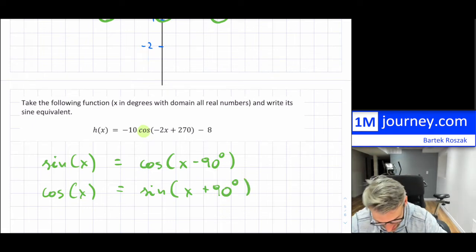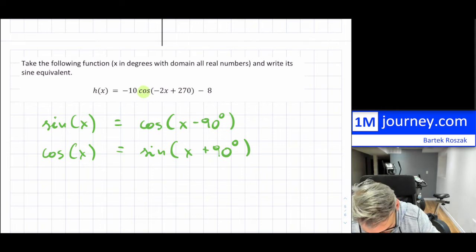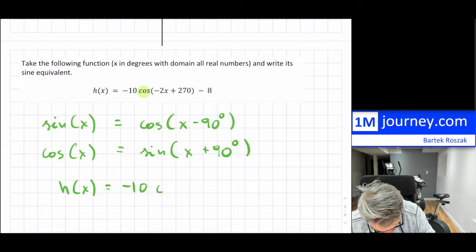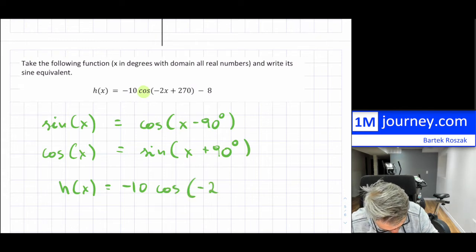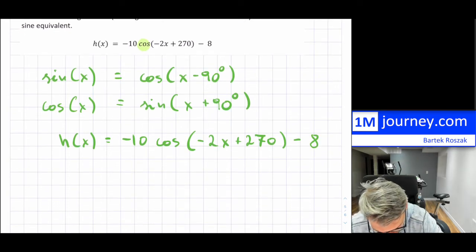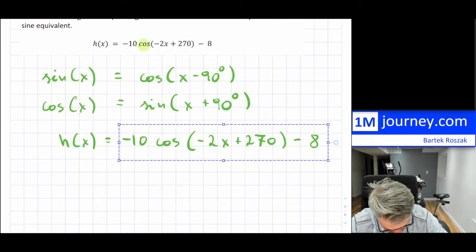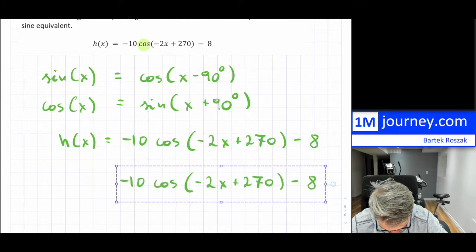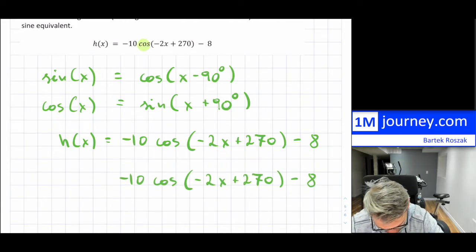If we take this whole thing, let me rewrite it. h of x equals negative 10 cos of negative 2x plus 270, minus 8. I'm just going to show you what you do. Take this and duplicate it.